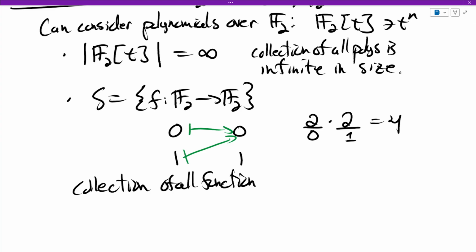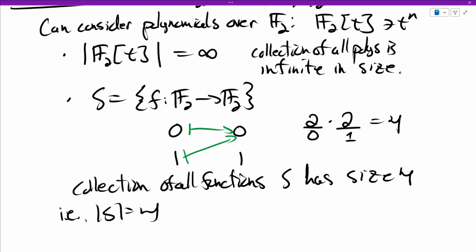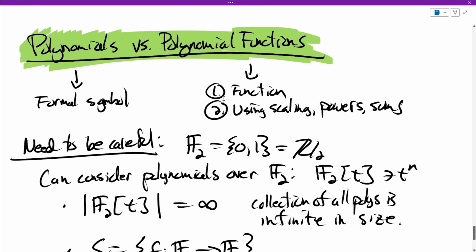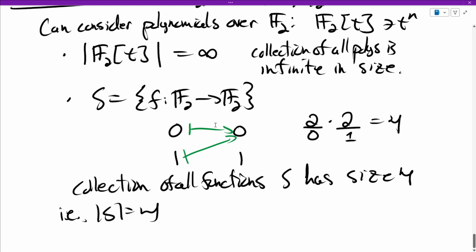So the collection of all functions, which is S, has size 4. So the cardinality of S is 4. Certainly, 4 is not infinite. That would be a big problem. And so the functions, just functions, not even specifically polynomial functions. It turns out all functions this way are polynomial functions, but just functions, period, there are only 4.